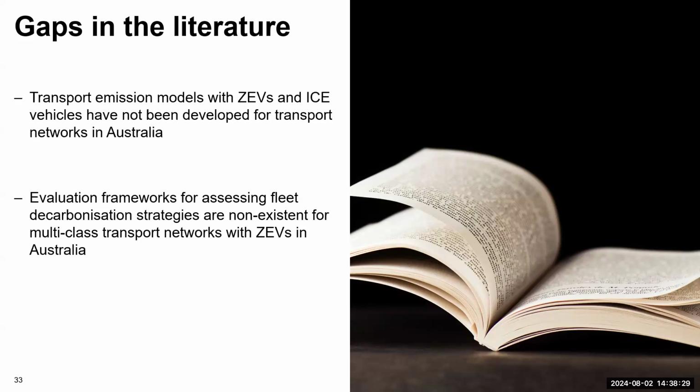We didn't have enough time to dig more into the literature to find out if anything exists in Australia right now. But based on our understanding, we definitely need these evaluation frameworks to assess different decarbonization strategies when it comes to Australian transport conditions.